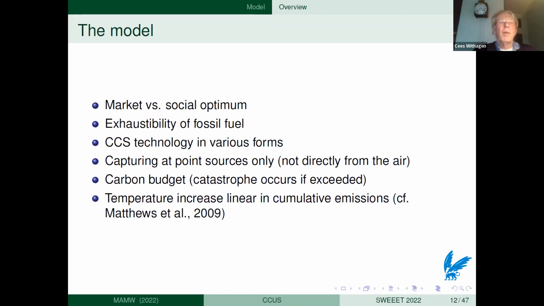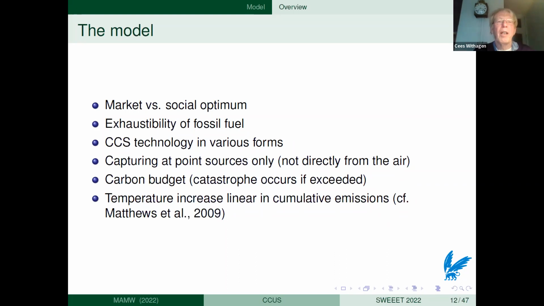There is carbon capture and storage in various forms. So we have storage just in inert wells and storage in active wells. We look at capturing at point sources only. So we don't look at geoengineering, which is kind of capturing CO2 from the air. So this is not what we are looking at.